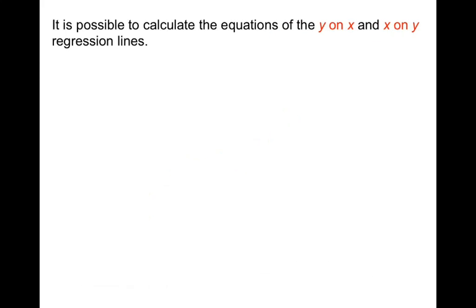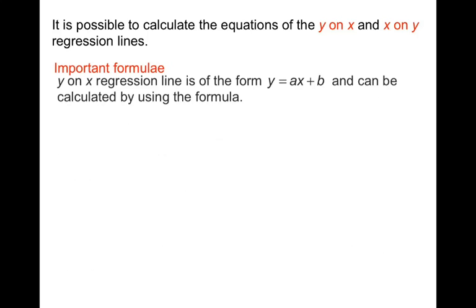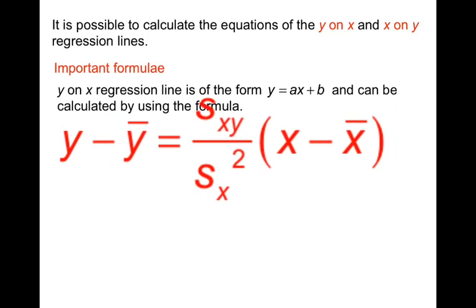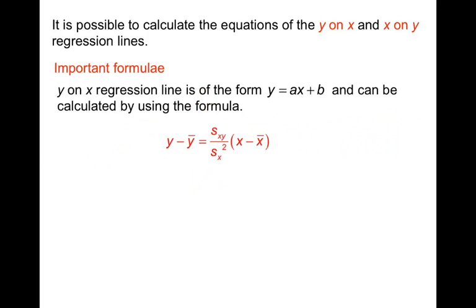It is possible to calculate equations of the y on x and x on y regression lines. There are some important formulae for this. At the moment we're just going to try and do it with technology, but I'm just going to give you the formula. The y on x regression line is of the form y is equal to ax plus b, and it can be calculated using the formula y minus y bar is equal to Sxy over Sx squared, times x minus x bar.